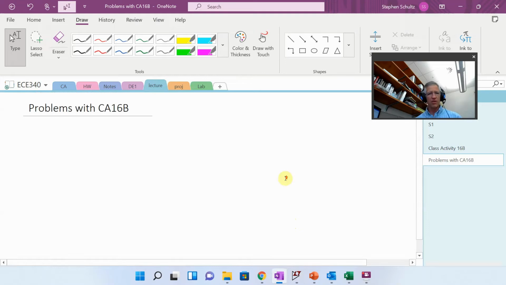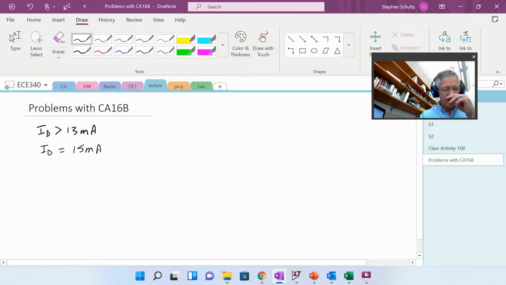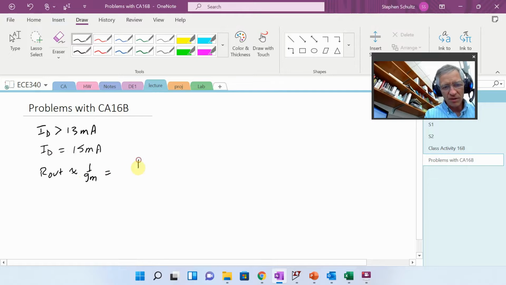So we're going to say that my ID has to be greater than 13 milliamps. Well, let's just go ahead and look at 15 milliamps. If we're at 15 milliamps, my R out is approximately equal to 1 over gm, which is equal to 1 over the square root of 2 times Kp times ID.